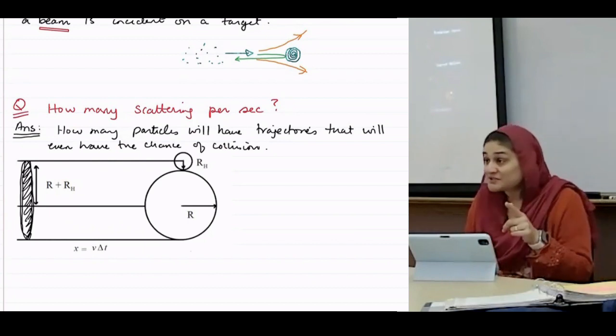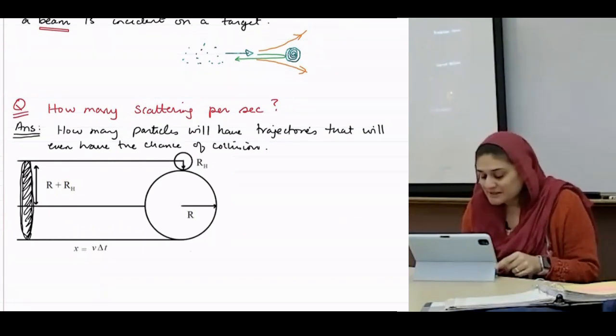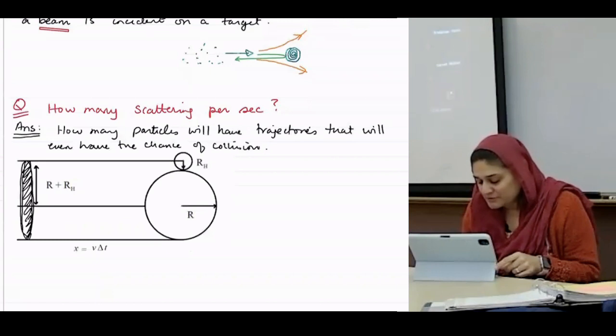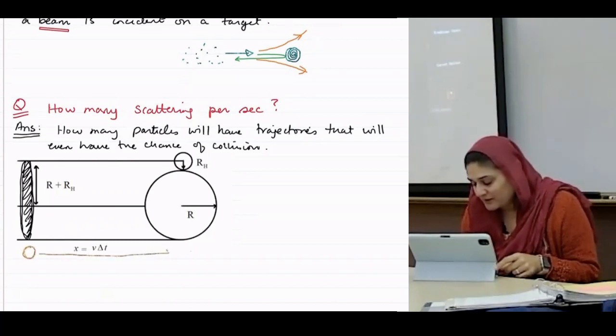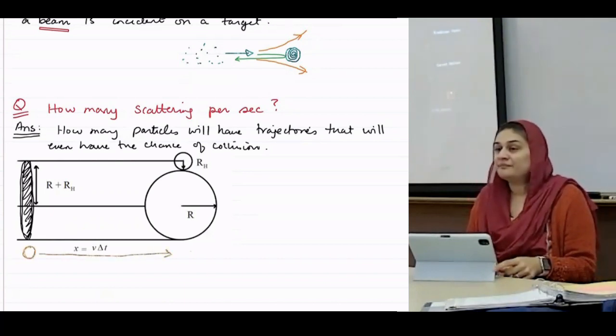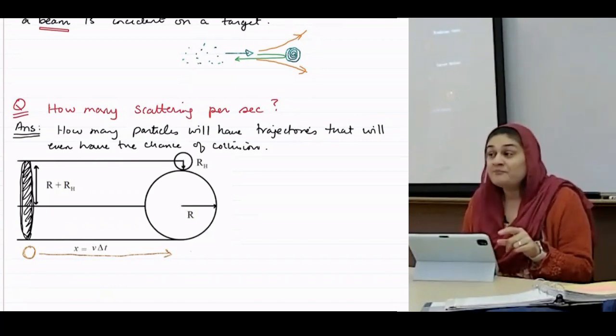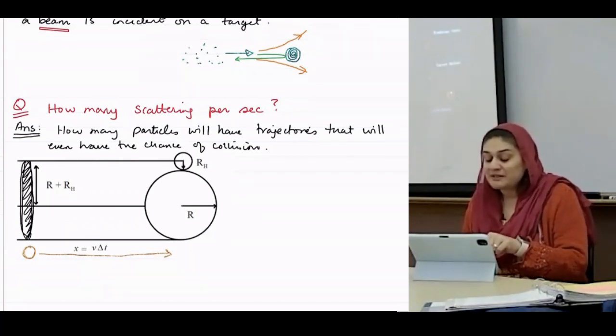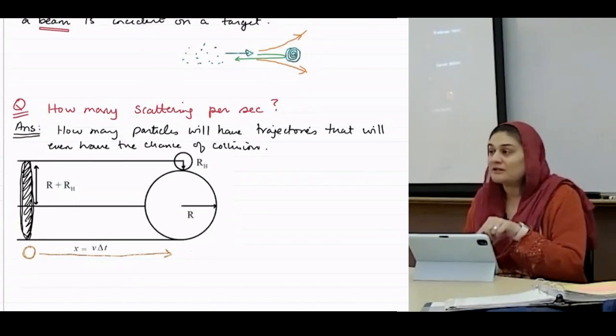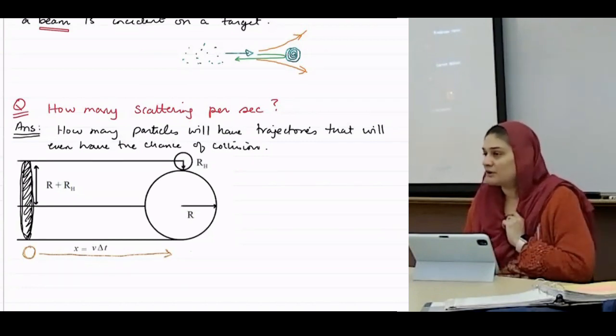Yes. If it is here, let's say the tiny ball is here, and it's going there. Will it collide? No, right? So that means it has to be in this circular area for the collision to occur.